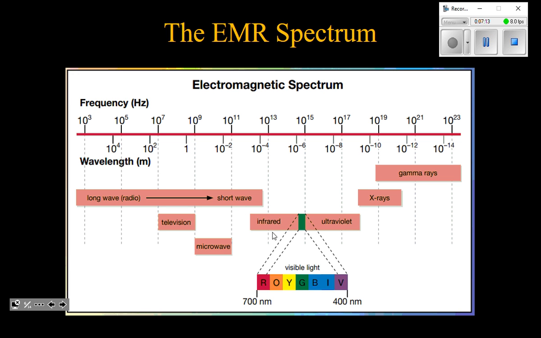Next to that are the infrared. Infra means lower energy than red, so it's right next to the red. On the other end of violet, we have ultraviolet, which are bigger than violet in terms of energy and frequency. Infrared, we'll talk quite a bit about when we get to the end of this PowerPoint.